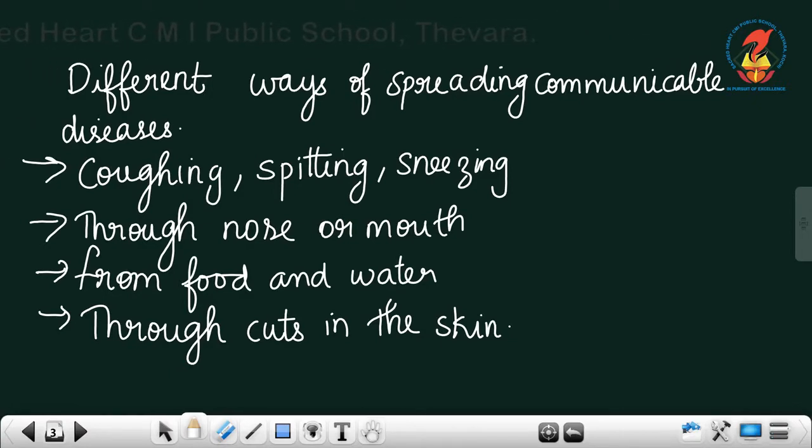A person who is infected by any of these germs, if they cough, spit or sneeze, the germs from that person will be transferred through the air to a healthy person. And there is a chance for the healthy person to get infected. These germs enter through the nose or mouth of the healthy person.